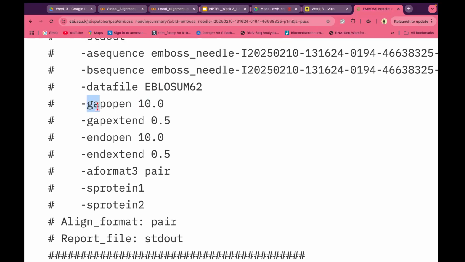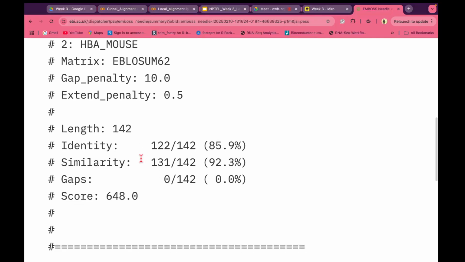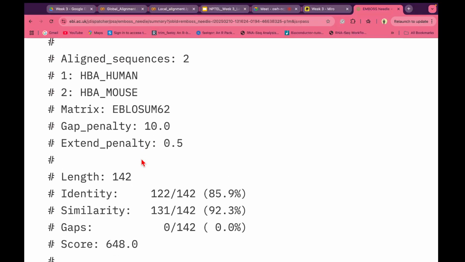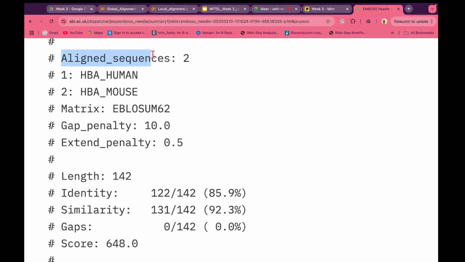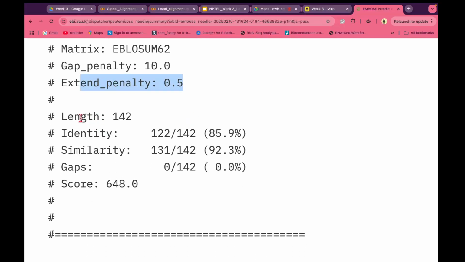Here we have different types of penalties: gap open penalty, gap extend, and end gap extend. Here I have aligned HPA human and HPA mouse sequences. The scoring matrix I have used here is BLOSUM62 with a gap penalty of 10 and extend penalty of 0.5. The length of the alignment is 142.